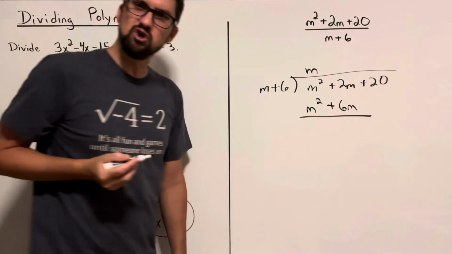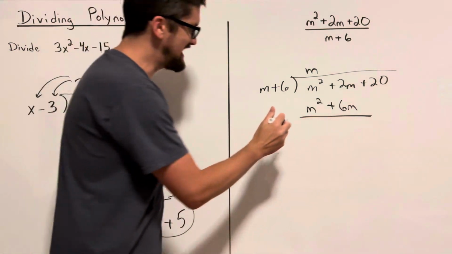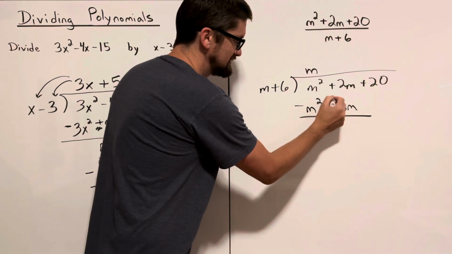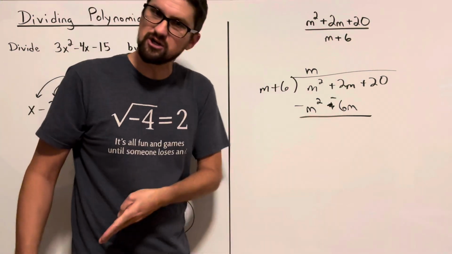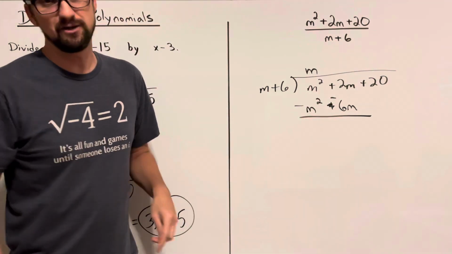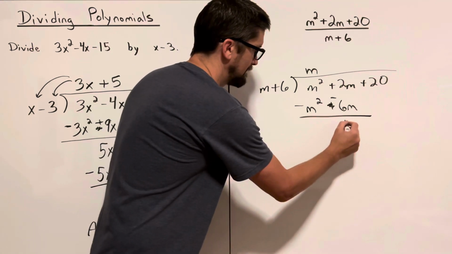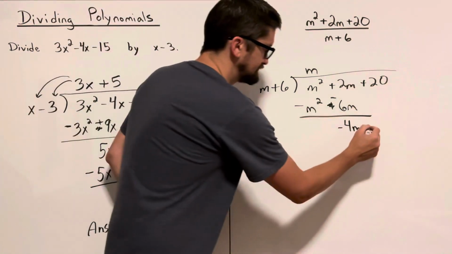And then you draw your line and subtract. That's going to change the signs. Subtract, the plus changes to minus. The m squareds are gone. 2m minus 6m is going to be a negative 4m. And then the 20 minus nothing, the 20 comes down.